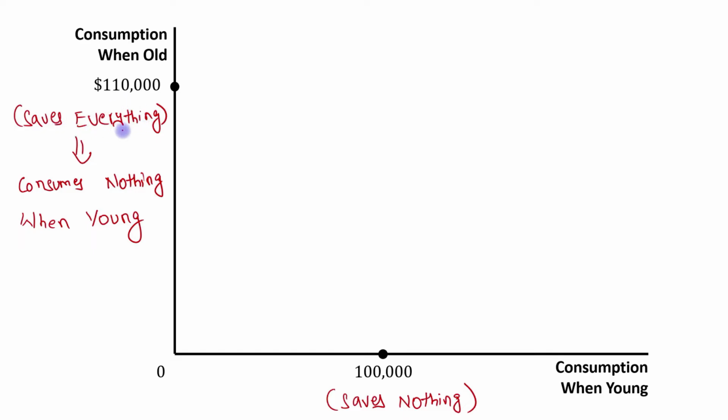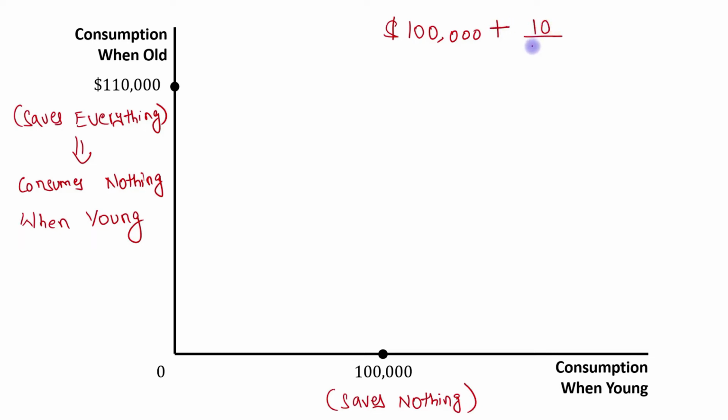And when he saves everything, then his consumption when old will be $110,000. We can calculate this as follows: $100,000 plus, because he has saved his entire earnings, plus 10%.